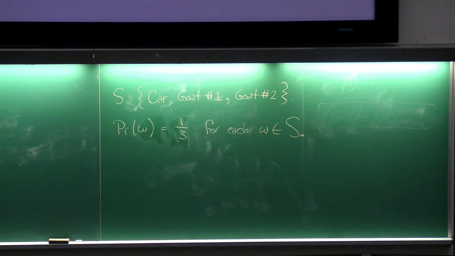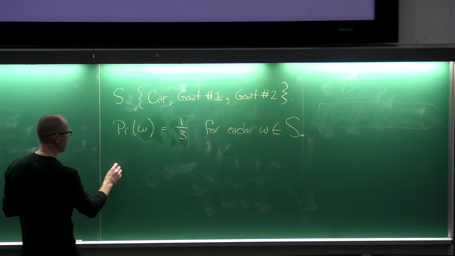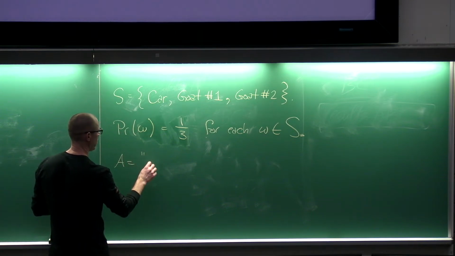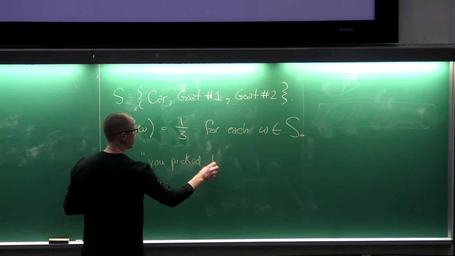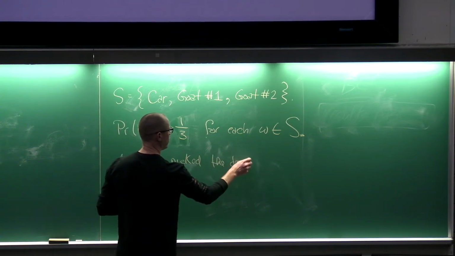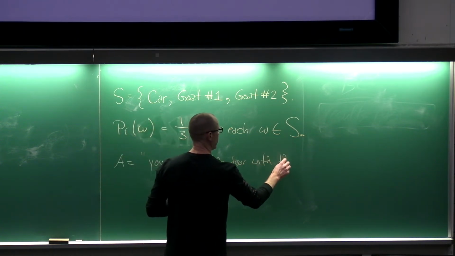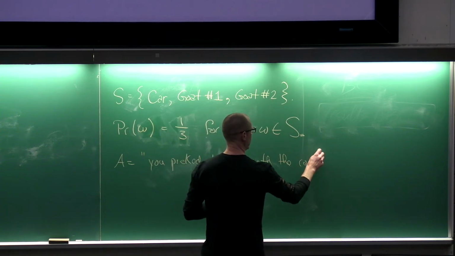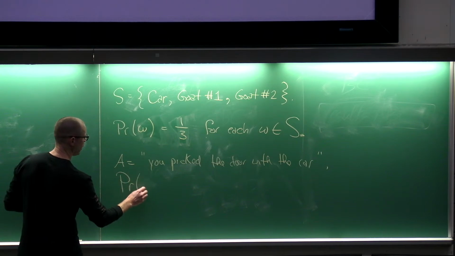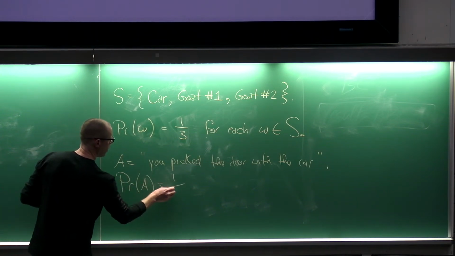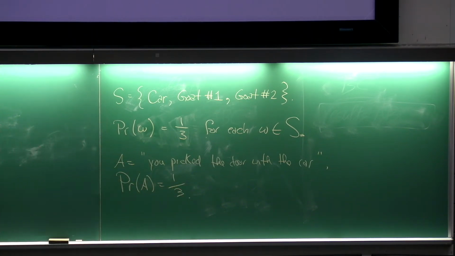Now, let's define A as: you picked the door with the car. Then we've just argued that the probability of A is 1/3.